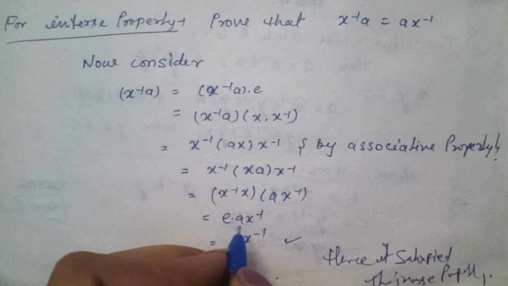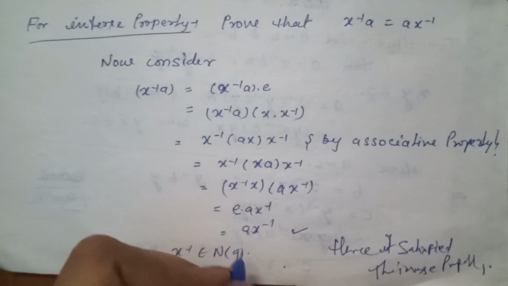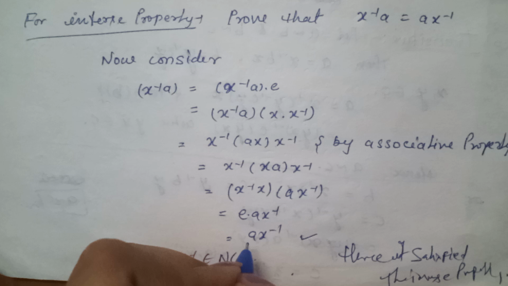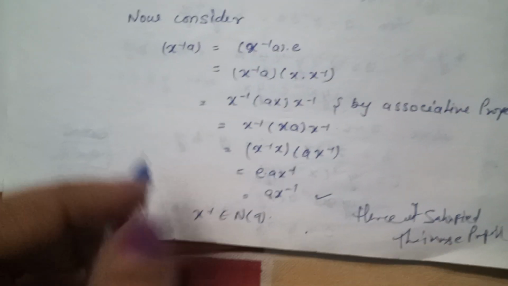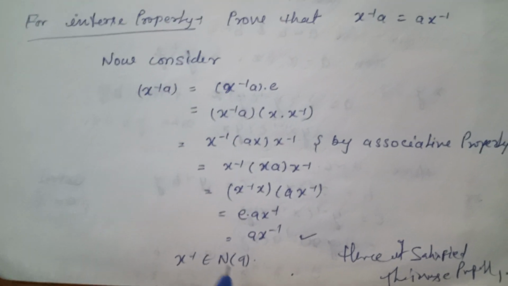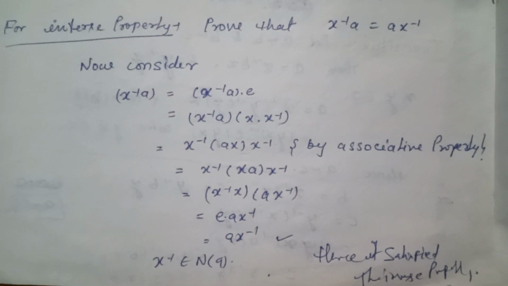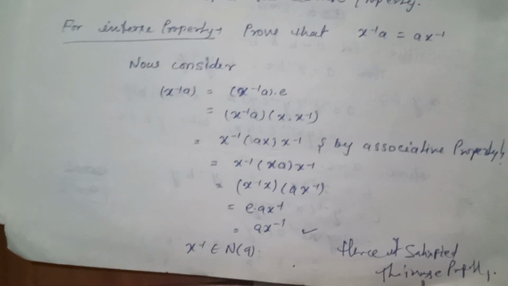So e times a x inverse, and it can be written as a x inverse. Here x inverse belongs to N(A), hence it satisfies the inverse property.